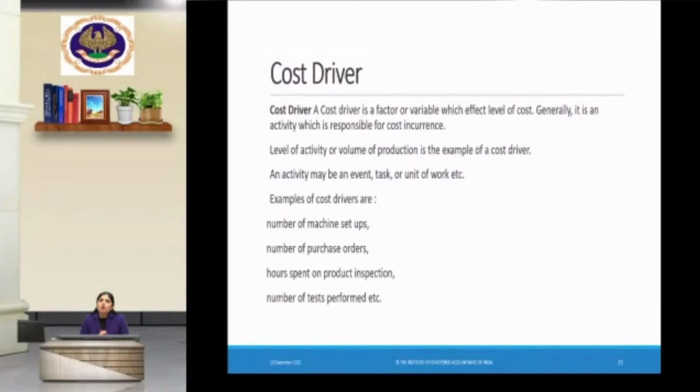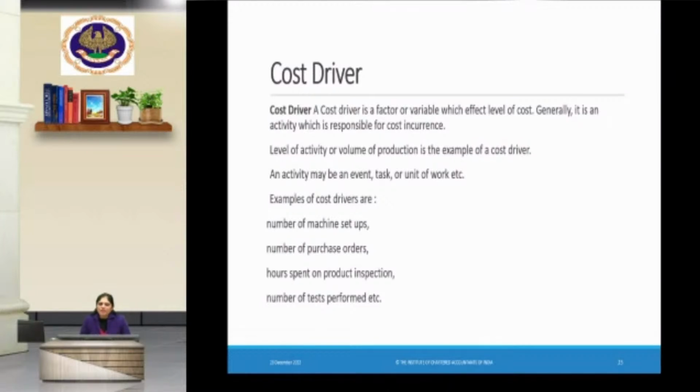So the cost driver for that electricity bill is my consumption of electricity. Cost driver is what activity is being done due to which the cost is incurred. I'm consuming the electricity. That's why the electricity bill has come. So cost driver is the activity, that is the consumption of electricity.